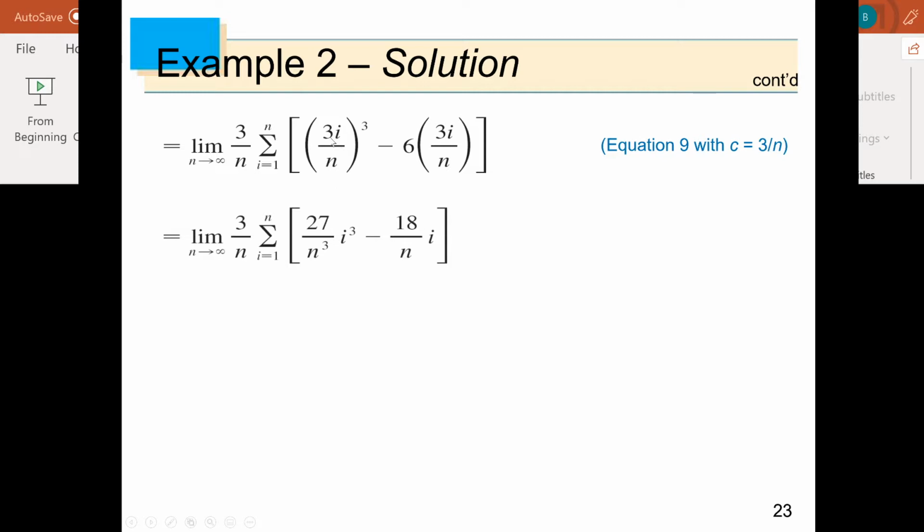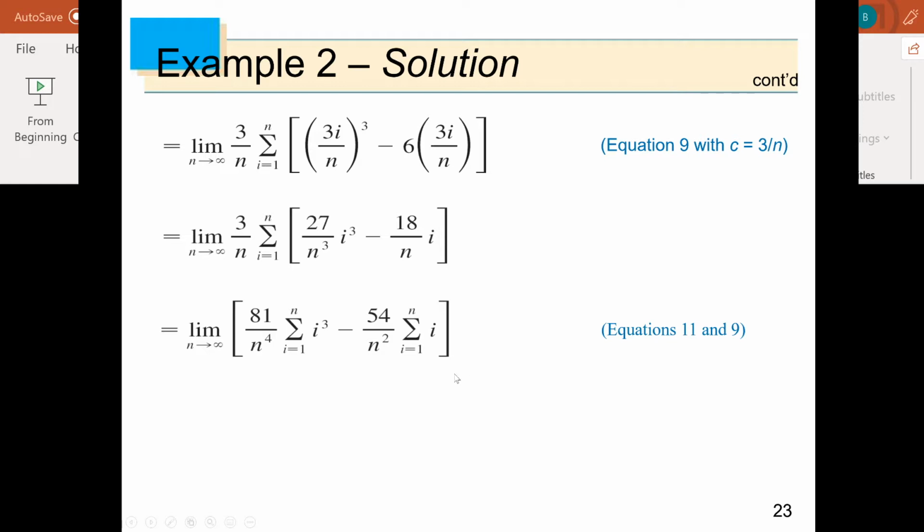So we do have 3i over n to the power of 3, which is 27 over n to the power of 3, i to the power of 3. And then this one, multiplying the numbers straight across, 18 over n, i. And then 3 over n, since we know that's the width, we can simply put it out, because n is a constant, since n is going to infinity.